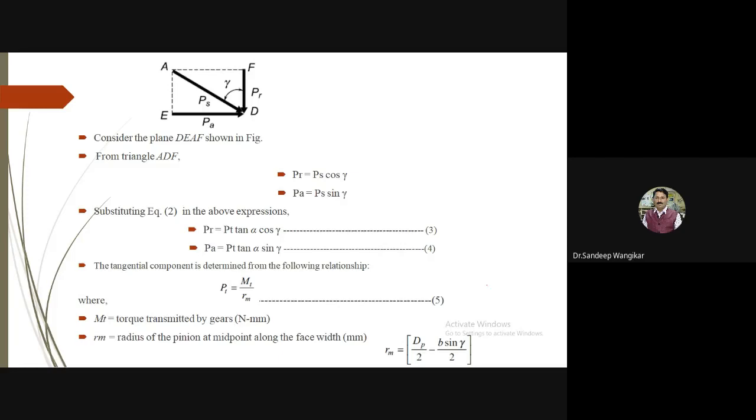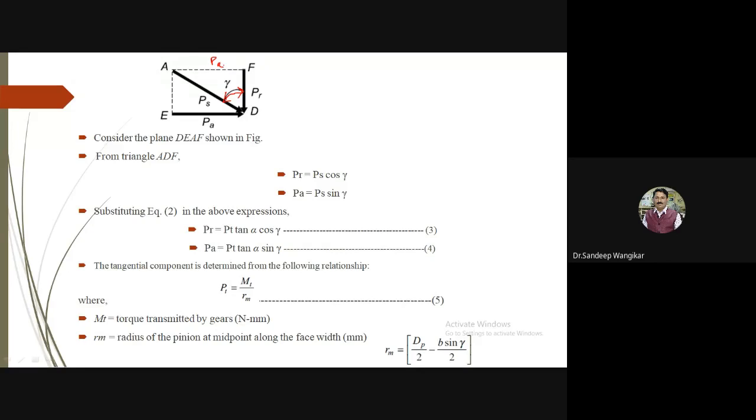Now consider the next triangle. Consider plane DEAF, from triangle ADF. This angle is gamma, and this side is PA, and this side is PR.